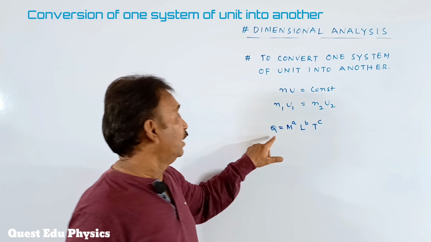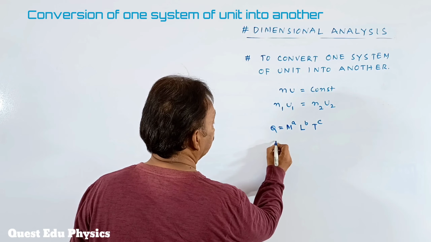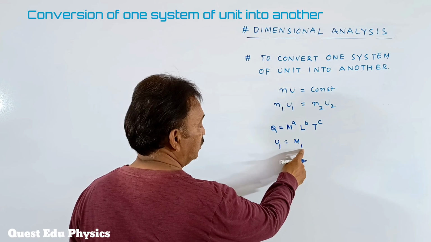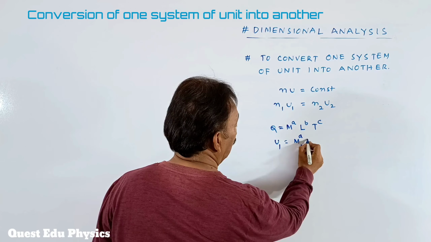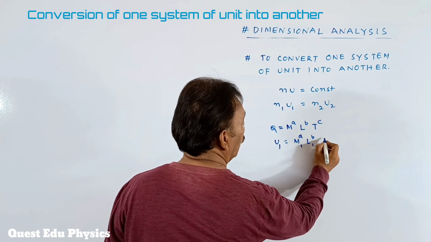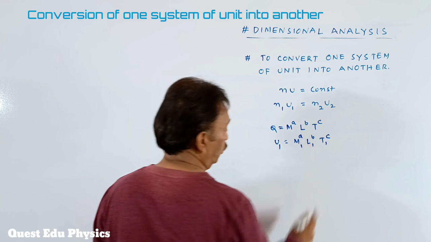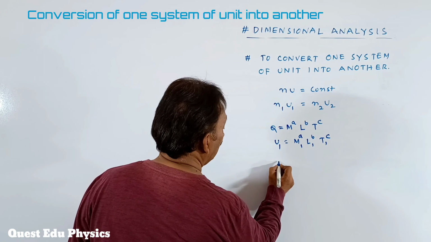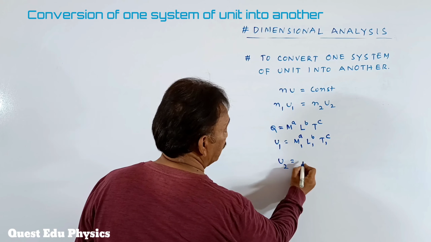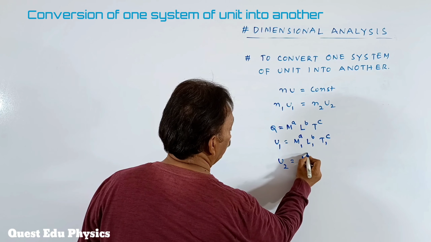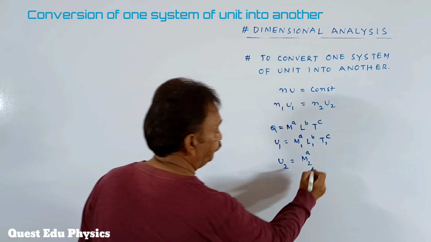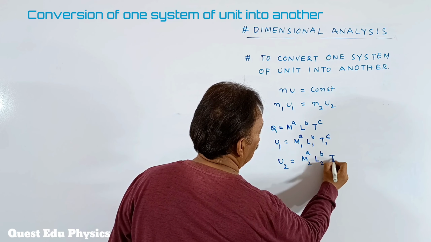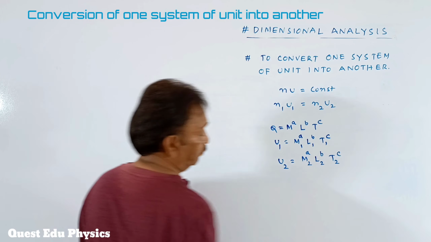Okay, students, here I am writing u1 as M with subscript 1 and the power is the same, L1 and T1 to the power of c. Similarly, students, u2 is written as M subscript 2 to the power of a, L2 to the power of b, T2 to the power of c.